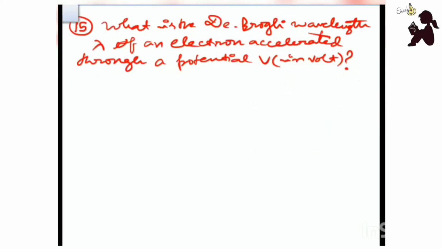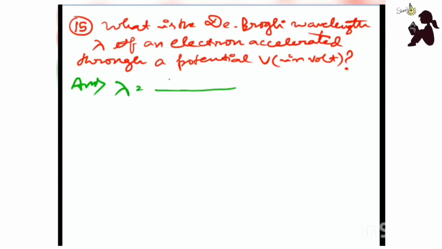Then they have asked you, what is the de Broglie wavelength of an electron accelerated through a potential V in volt. Here we have a simple formula that we have calculated, and we just have to put it here.